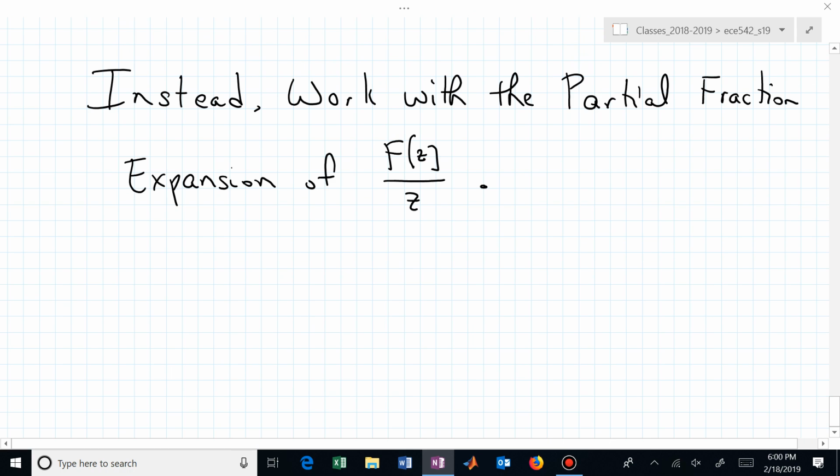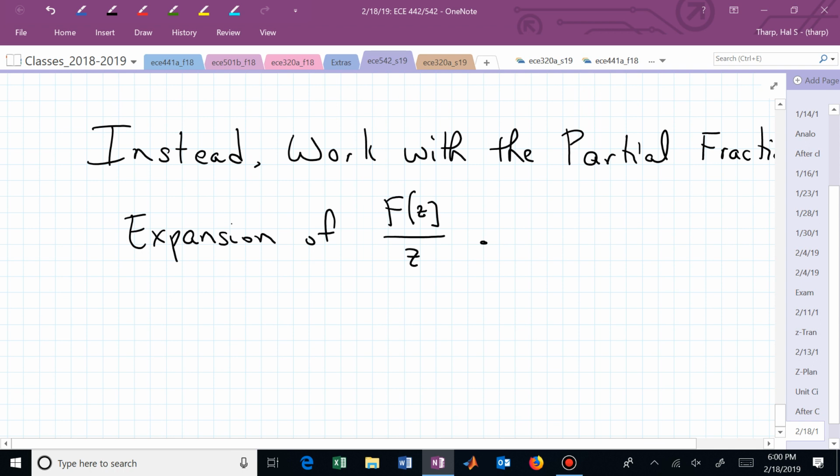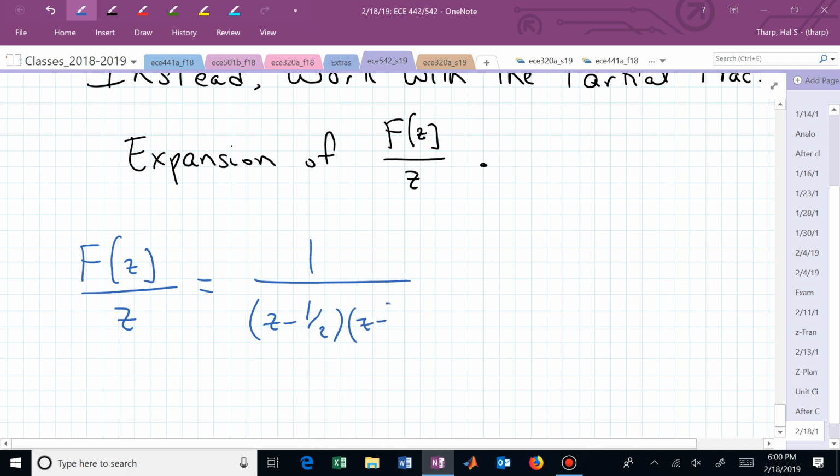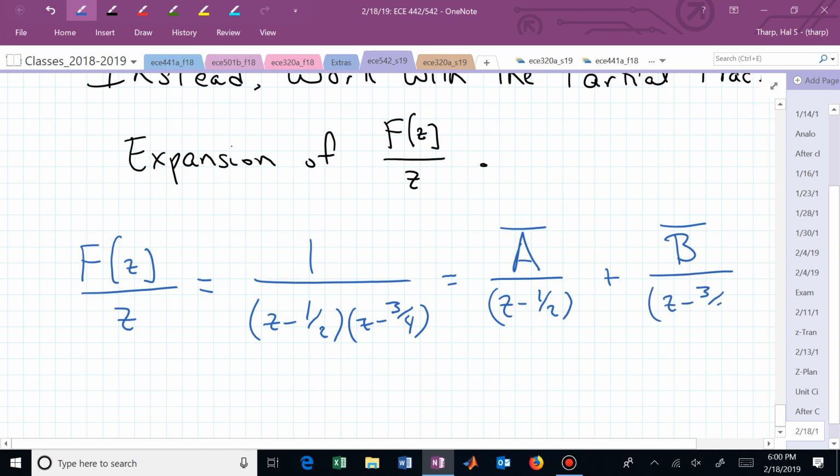All right, so let's look at doing the partial fraction expansion of f of z over z. Now we have 1 over z minus 1/2, z minus 3/4, and let me call these something different so that you don't confuse it with what we had before. Let me say that the coefficient upstairs is a bar, and here is b bar on top of the factor z minus 3/4.